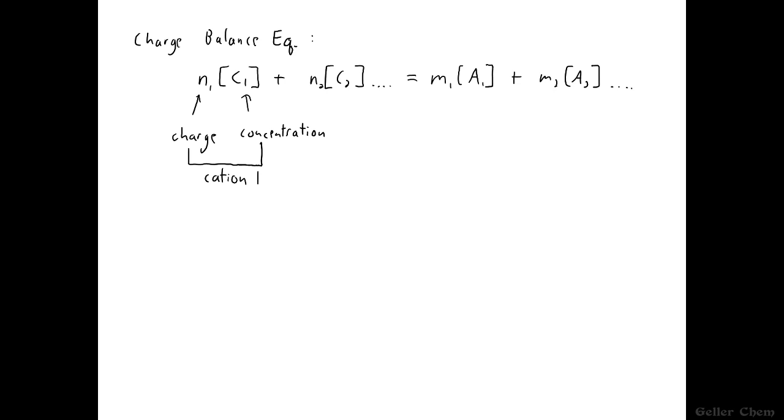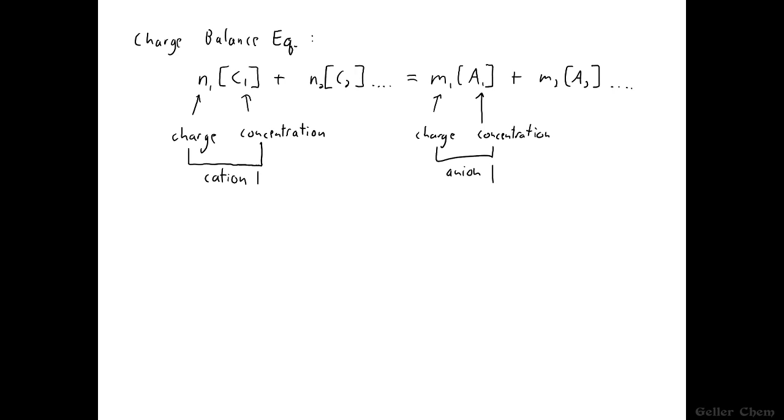Then on the right side of the equation, we have very similar symbols. The lowercase m describes the charge of some anion. And this describes the concentration of that anion. Once again, there might be more than one anion in solution, and so we label each one with a different subscript.